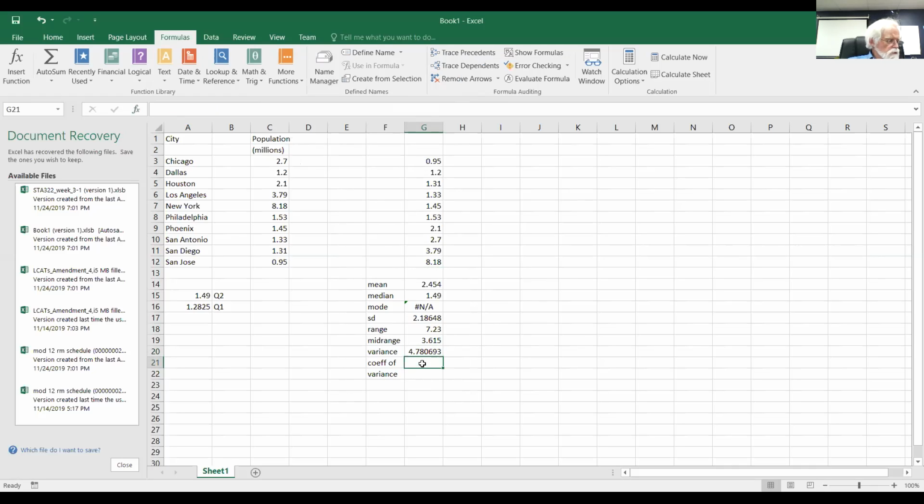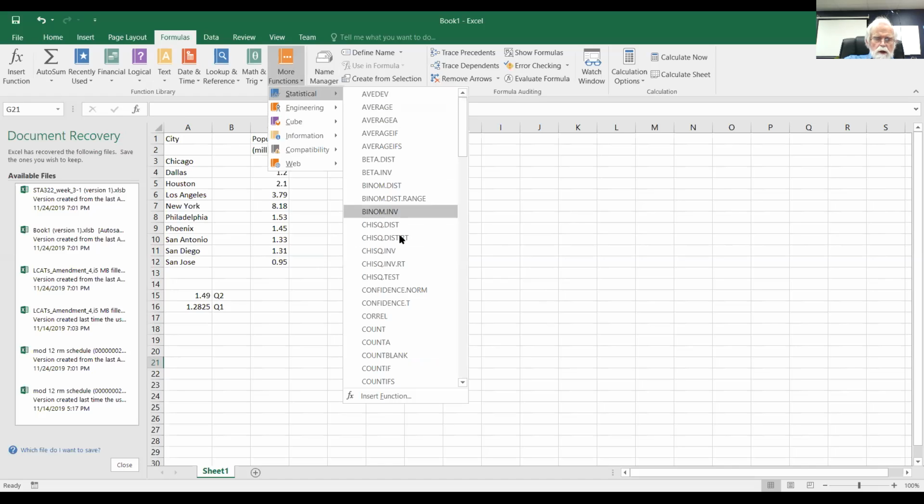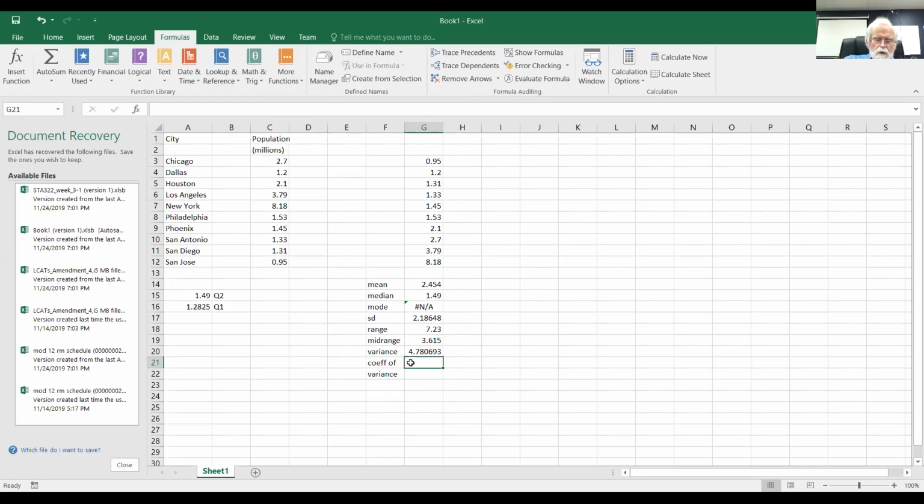And remember, the coefficient of variation is merely the standard deviation divided by the mean. There is no function for coefficient of variation. If we look here, it's not there. So we're going to come here and divide the standard deviation by the mean.